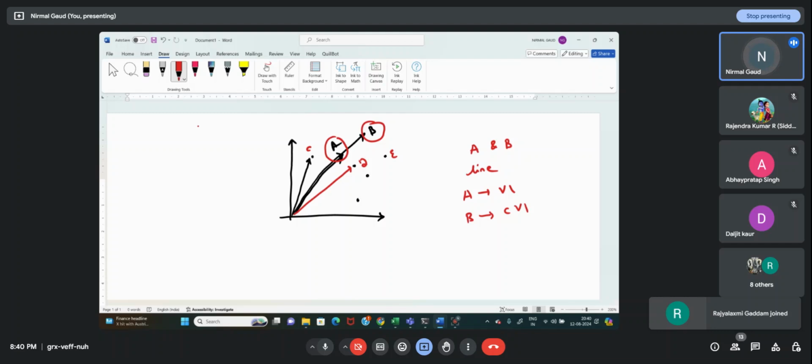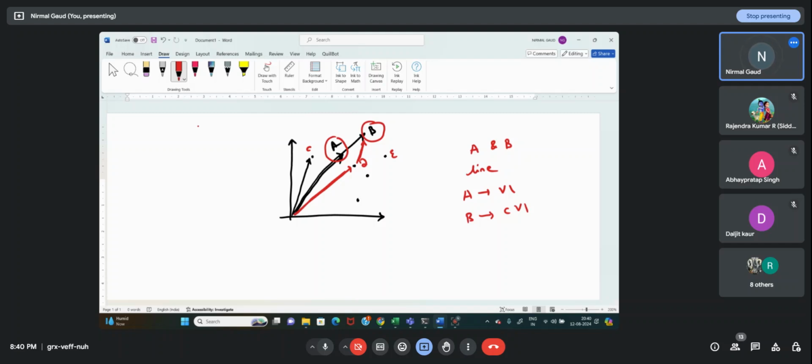It may be twice, it may be thrice. Also, it's not only about the scalar multiplication. We can have addition also. For example, if I can reach this point in this way, you can have this vector plus this vector equal to this vector.